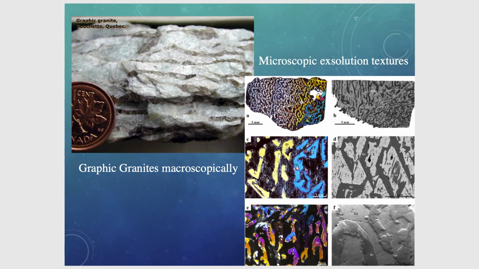Usually this happens in highly fractionated magmas, where you have a lot of quartz and a lot of hydrothermal processes taking place. It's also quite indicative of an abundance of volatiles, and in fact it's important for the prospection of mineral deposits.